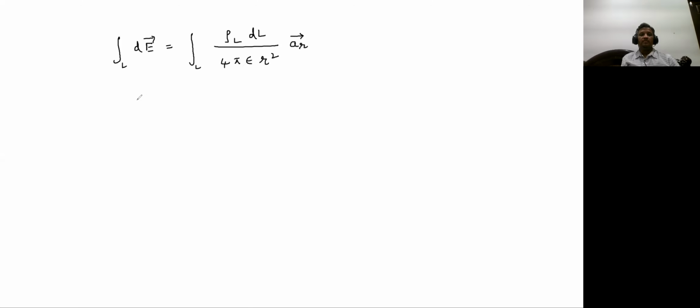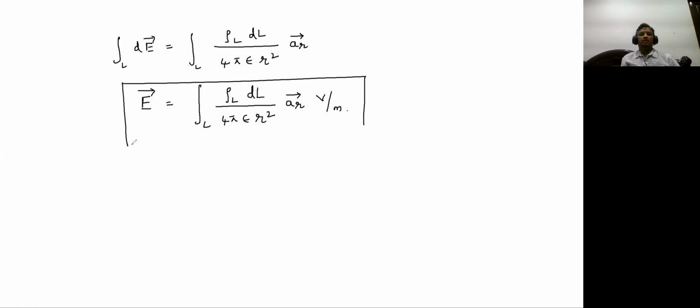This line integral of dE will become E vector, which is equal to line integral of rho L. I said you cannot bring this rho L out because this is a function of length, so rho L will always be kept under the integration itself, over 4 pi epsilon r square aR vector, volt per meter. This is your expression for the electric field intensity due to a line charge distribution.